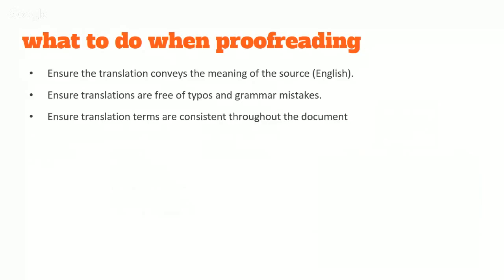Another thing a proofreader is expected to do is make sure that terms are consistent throughout the document. It's easy to miss that when you're a translator. So being able to go through and make sure that product names are consistent and phrases are consistent and that the voice sounds correct throughout the whole document.